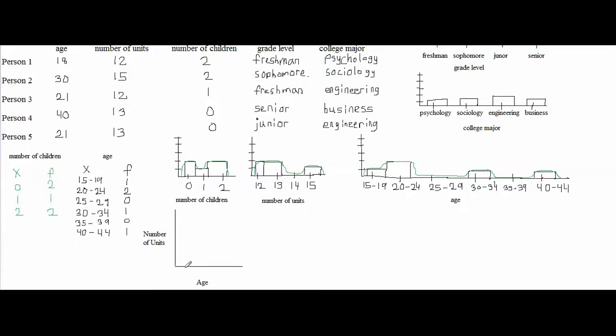That should give us a good number of tick marks. And we probably don't need to include 0 because a person's age can't be 0. And we need to go up to 40 because 40 is the highest age that we have recorded.